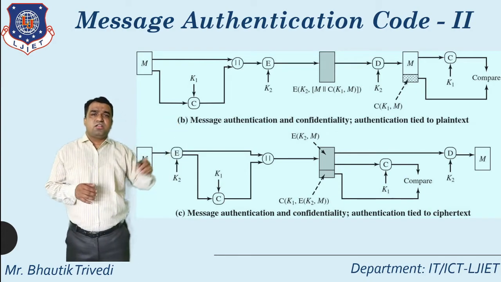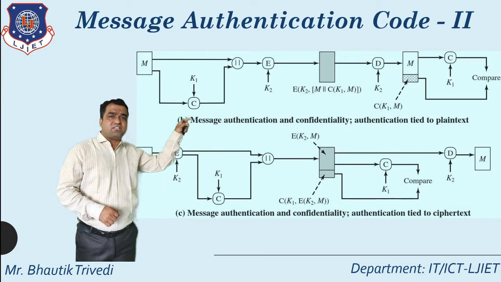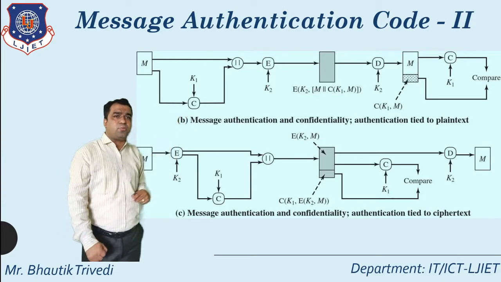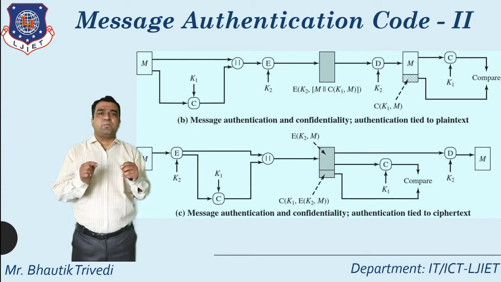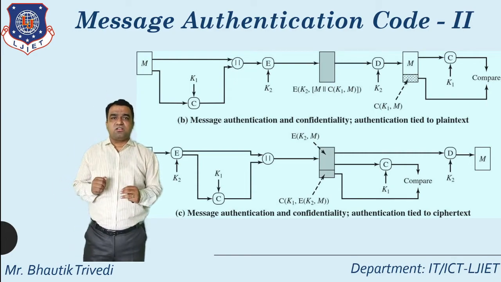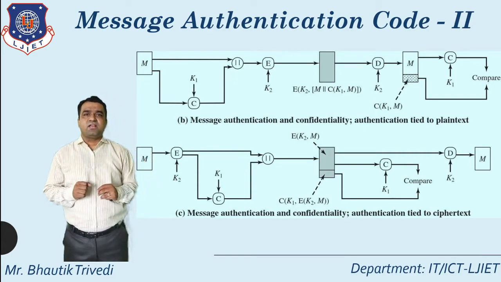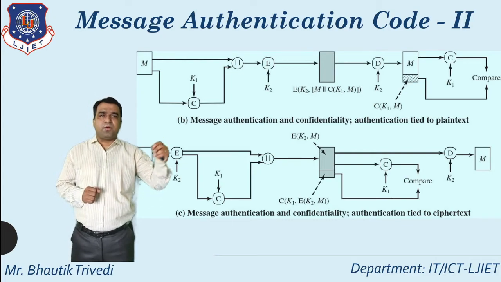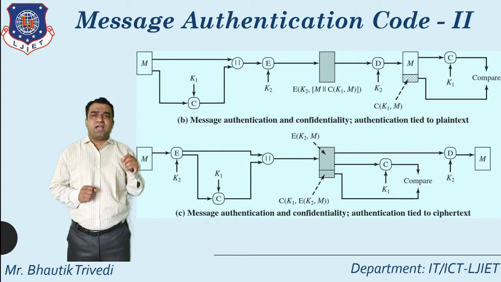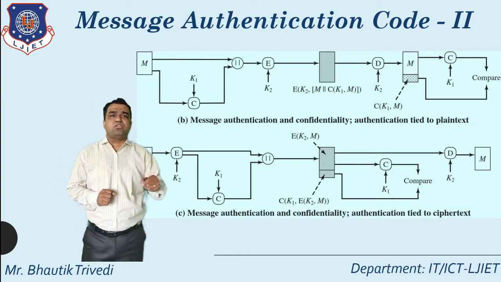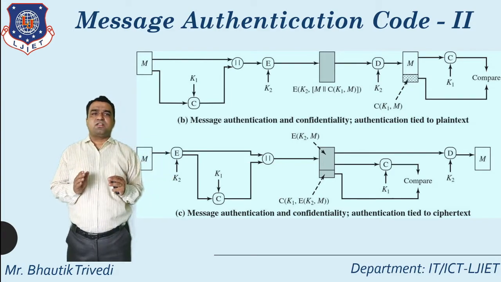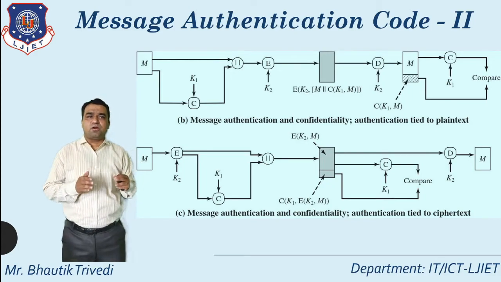So this technique is known as message authentication and confidentiality, but in this, authentication is tied to the plain text. What is the reason behind that? Authentication tied to the plain text means that you apply the cryptographic checksum on a particular message. So that's why that is known as authentication tied to plain text.